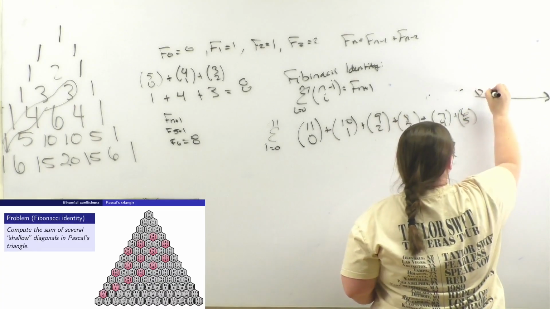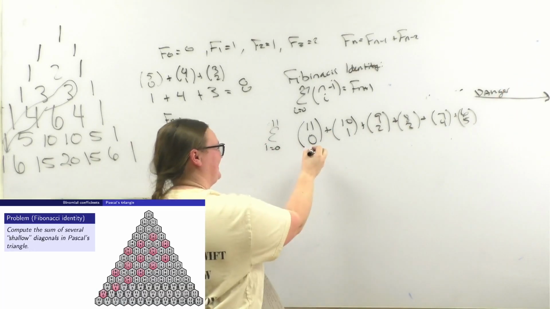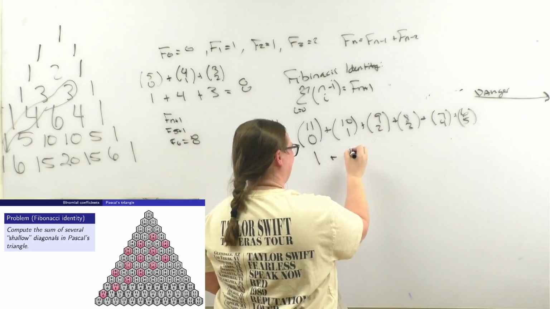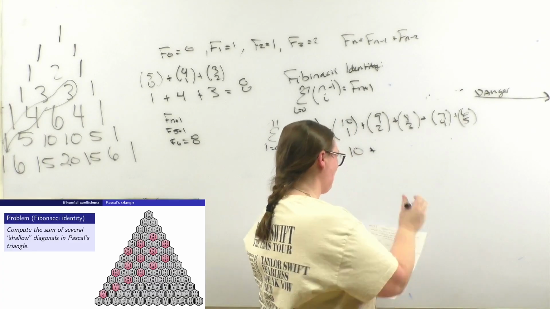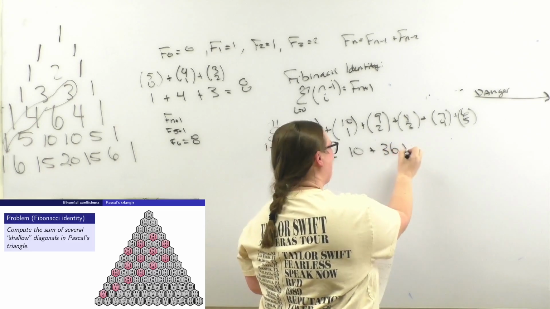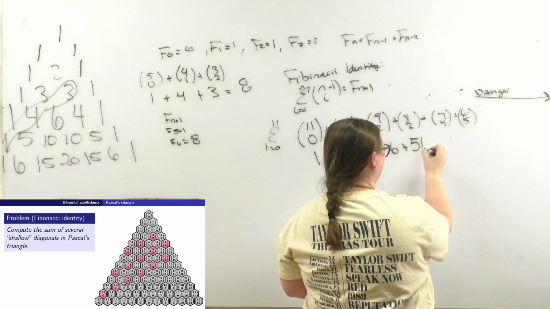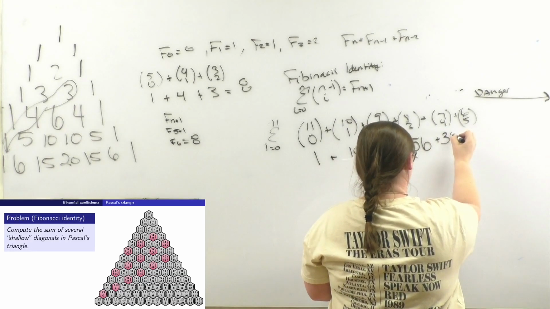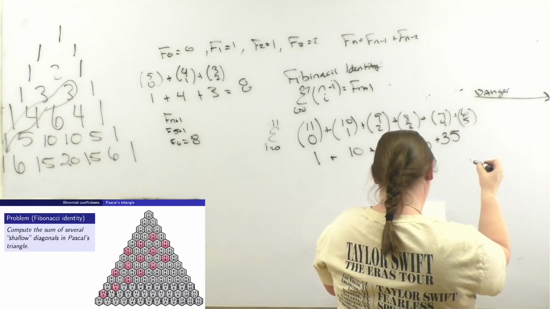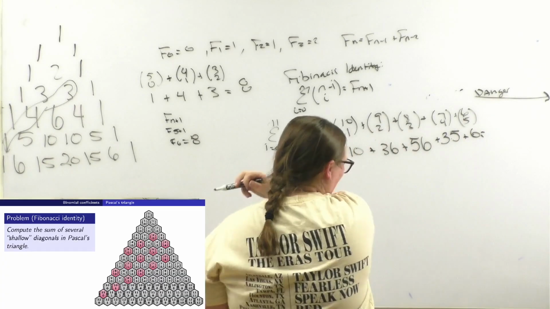Danger zone. 1, 10, something, it was like 36, 56, 35. Nice. All right, add them together.